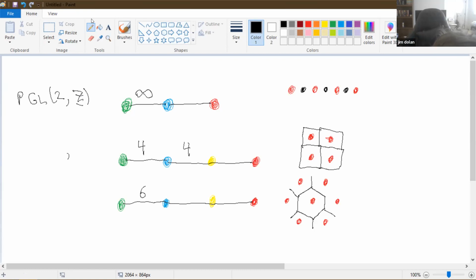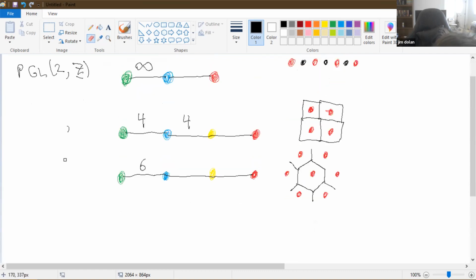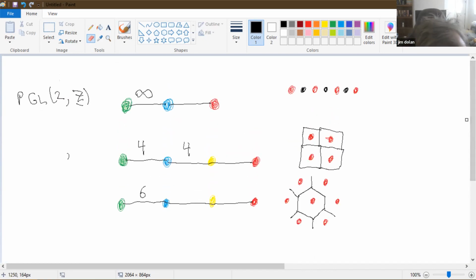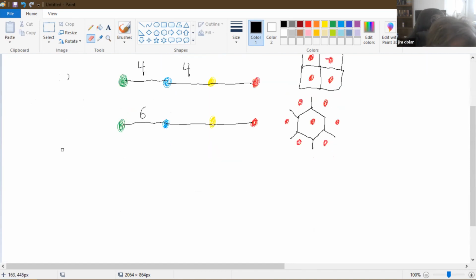And where's my eraser? Where's an eraser? Oh, right there. Okay. Damn, what's it doing? I must be hitting a button. Okay, okay.